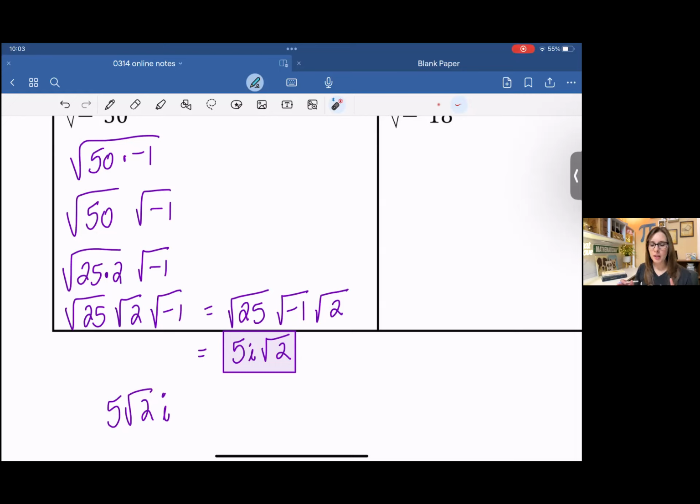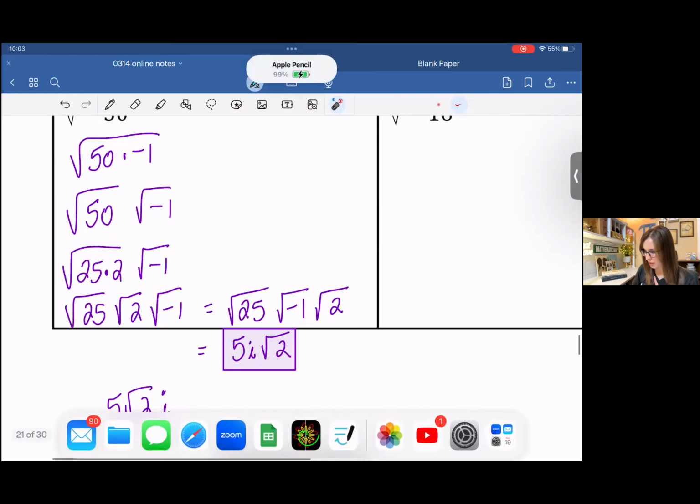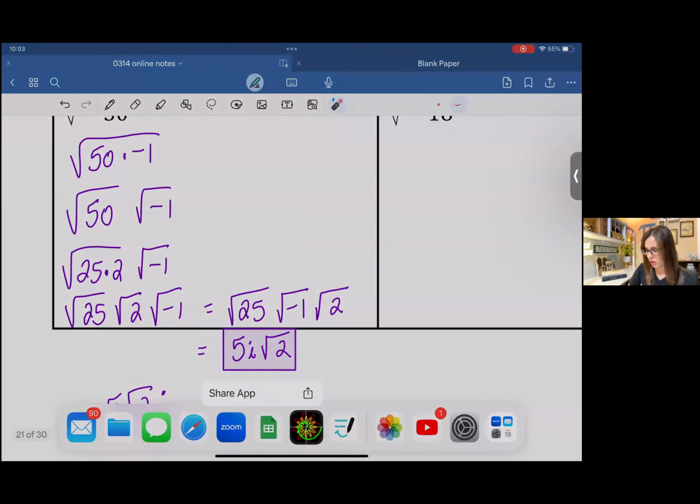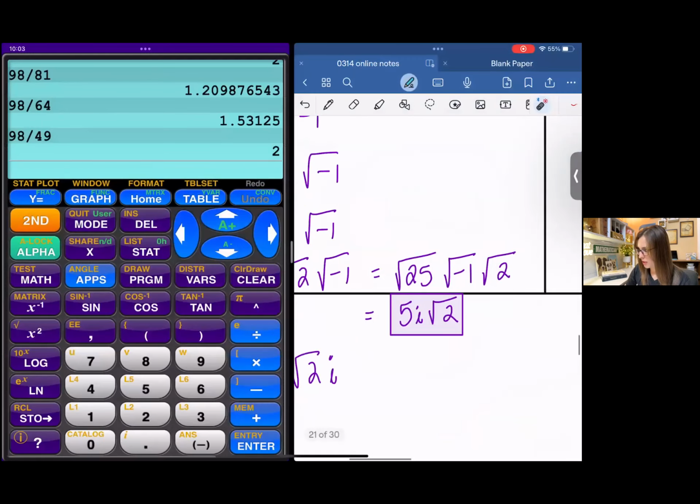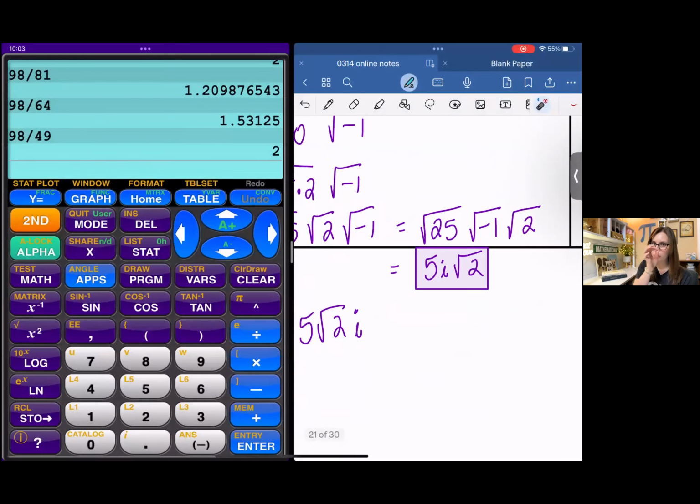So if you're typing it in, you want to make sure that you hit the right arrow on your calculator to get out of the square root. I'll show you. Trust me, it's always an issue. So that's why I recommend pulling it out in the front as opposed to the back.